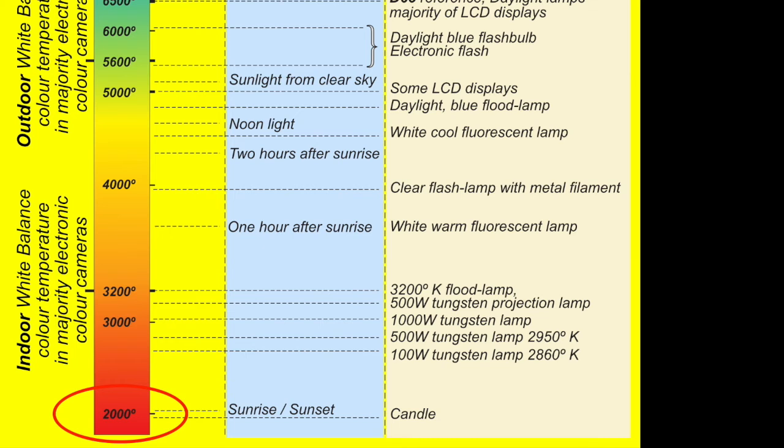As we go higher with the color temperature, we come to the man-made illumination of past days, mostly tungsten lamps. They range from about 2800 Kelvin for, let's say, a 100-watt tungsten lamp, up to about 3200 Kelvin for a flood lamp.